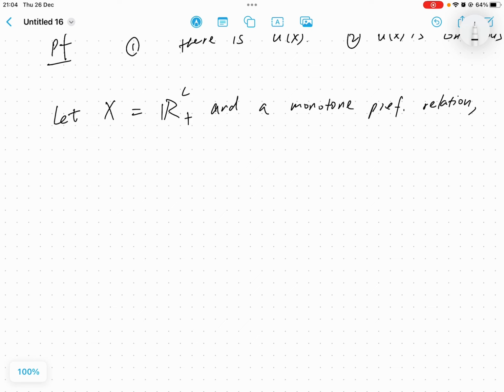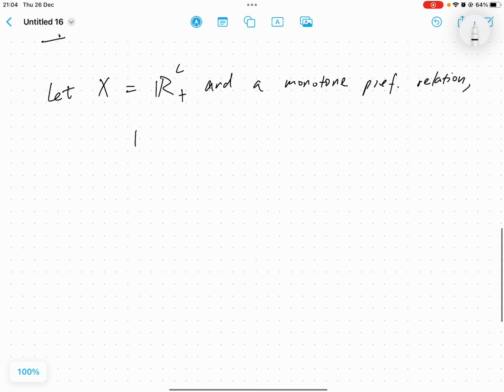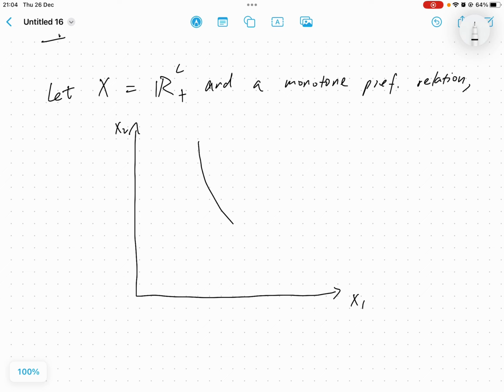Suppose we have R2, real numbers with two dimensions, and those are positive real numbers. Let's have this indifference curve, or this indifference set, and we have this point x here.